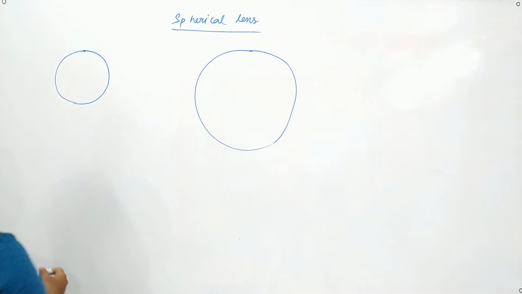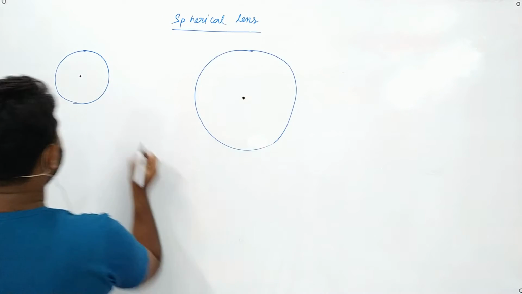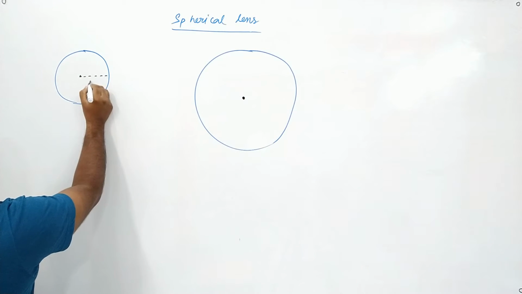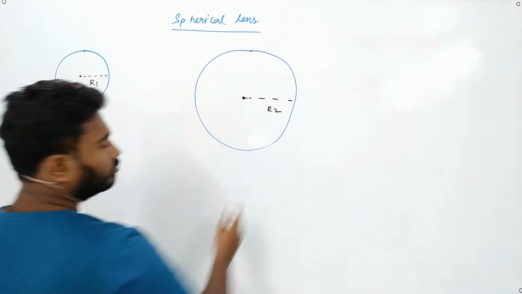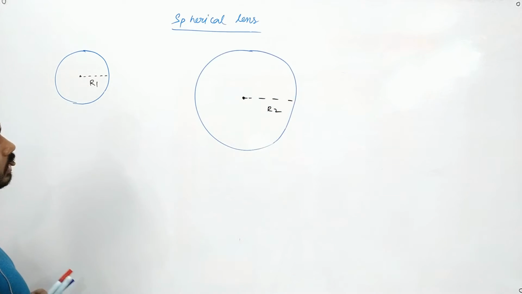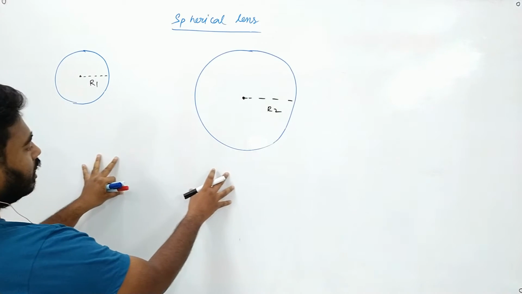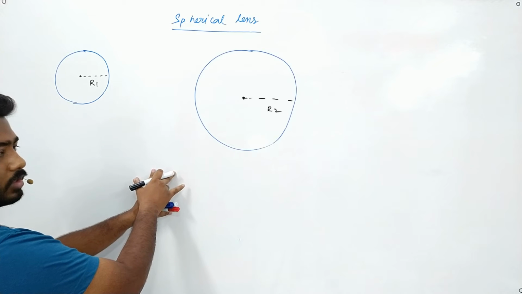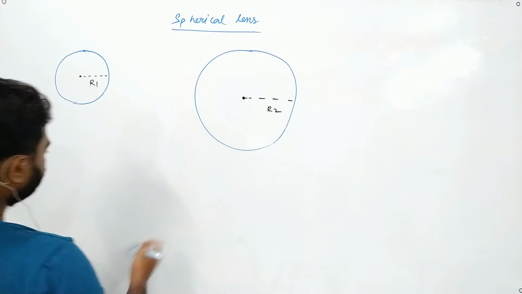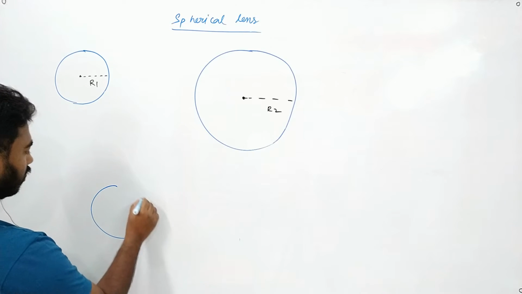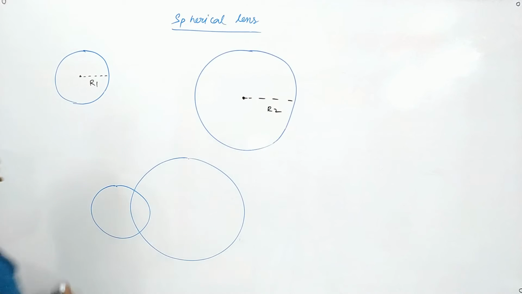This sphere has its own center, and this sphere has its own center. This is the radius of sphere 1, R1. This is the radius of sphere 2, R2. What we are doing is taking the two spheres, bringing them closer, and overlapping them.